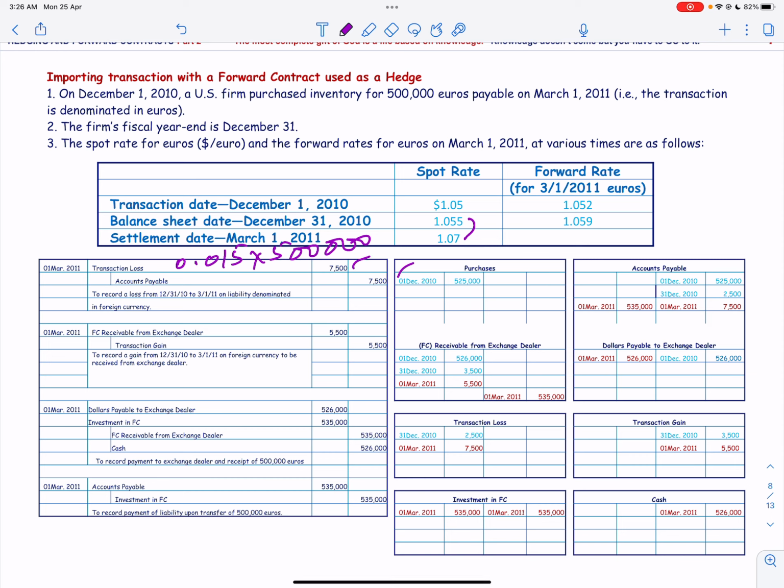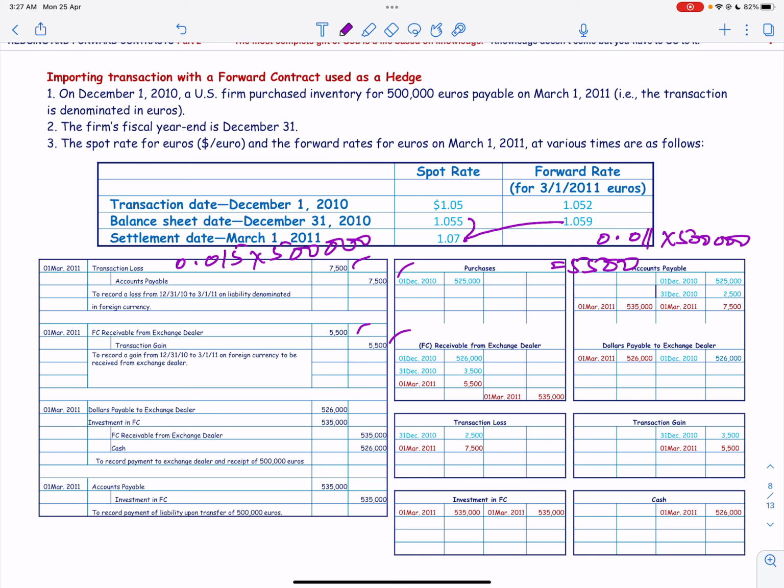The forward rate on the settlement date will be the same as the spot rate, that is 1.07, and again you can see that the forward rate has also increased from 1.059 to 1.07. So there is an increase of 0.011 times 500,000. So that gives us 5,500. Now this is a receivable, so that's why we have a gain.